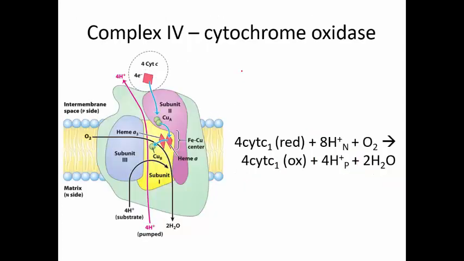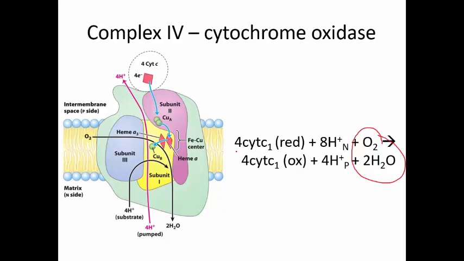Complex 4 is now cytochrome oxidase. It's going to take those cytochromes that were just made in complex 3 and it is going to reoxidize those. And this final step is going to take oxygen and reduce it to water. So I want to point out these numbers here.